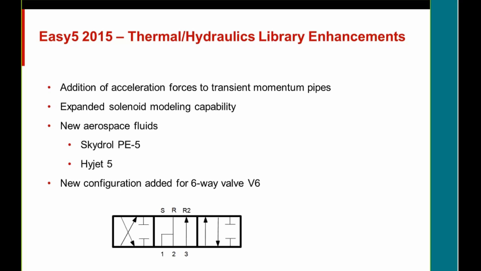Another improvement is an expanded solenoid modeling capability. You can now put in some information for magnetics in a servo system which is actuated by a solenoid. That's been added.